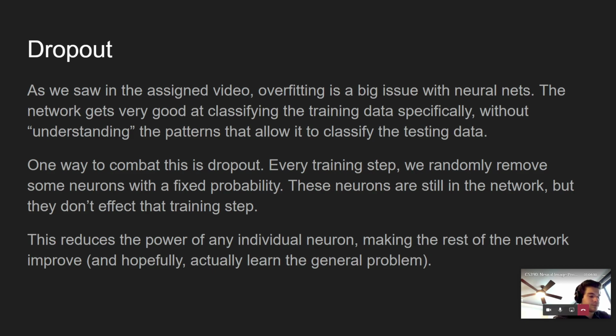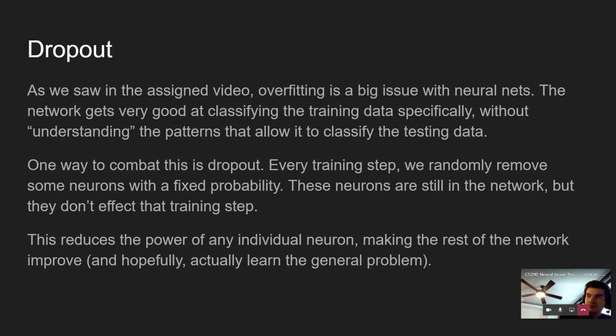And why that's effective is it will force other neurons to compensate during training. Because we're not using these specific dropped out neurons, other neurons will have to take their place.